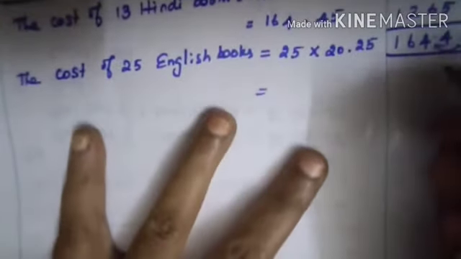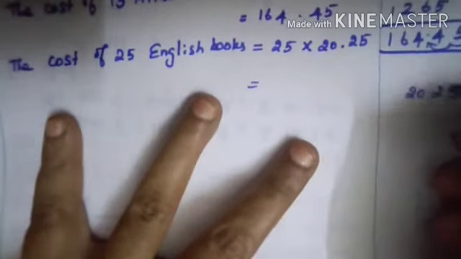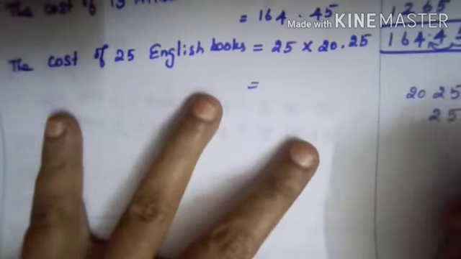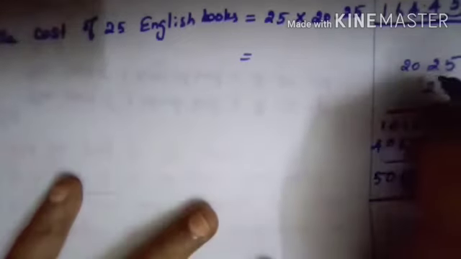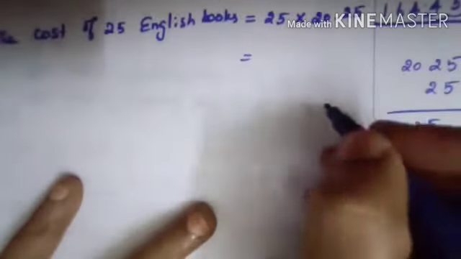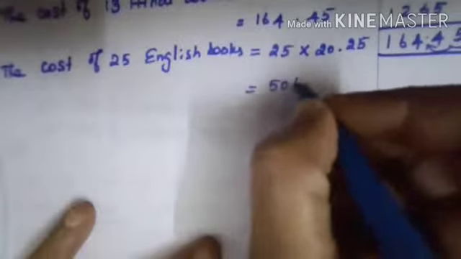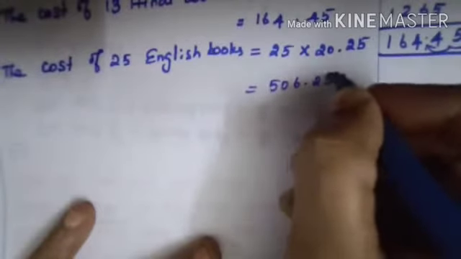Take the whole numbers alone. 2025 into 25. Here 2 decimal places. So keep the point from left to right. So your answer is 506.25.